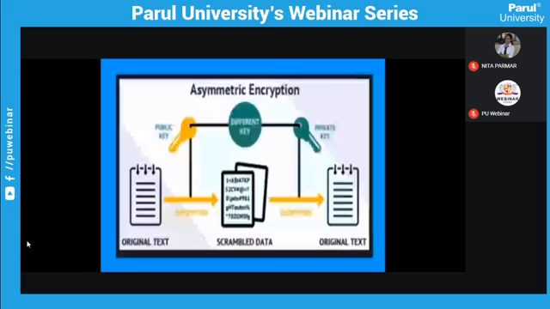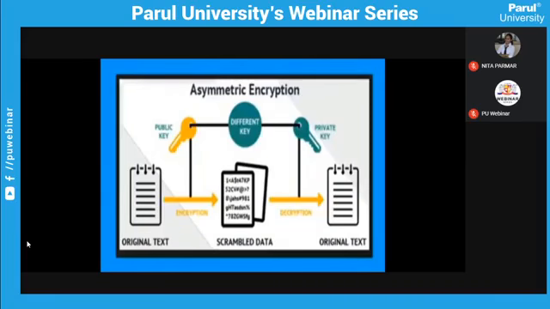So the concept of asymmetric encryption was introduced. Let's see in this diagram how asymmetric encryption works. In asymmetric encryption, there are two keys. One is the public key and one is the private key. So the sender's plain text is converted into ciphertext using the public key.